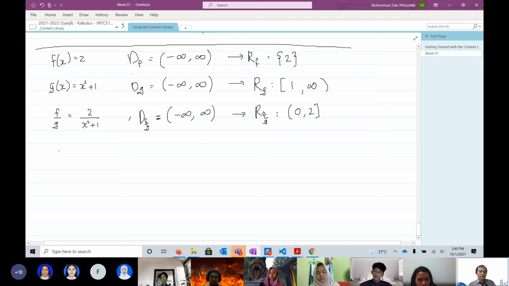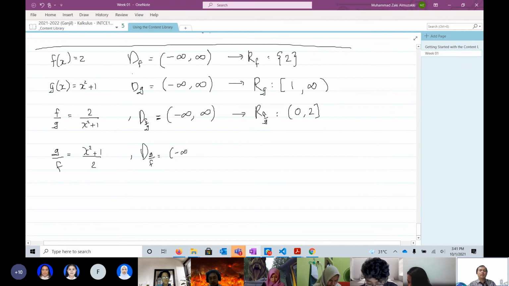Now, how about g over f? Here we have x squared plus 1 over 2. In this case, the domain of g over f stays the same, minus infinity to infinity.